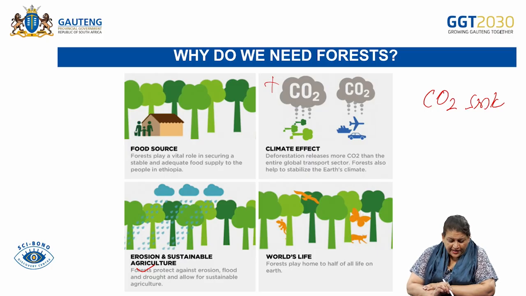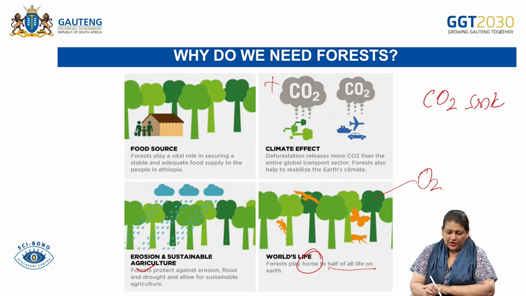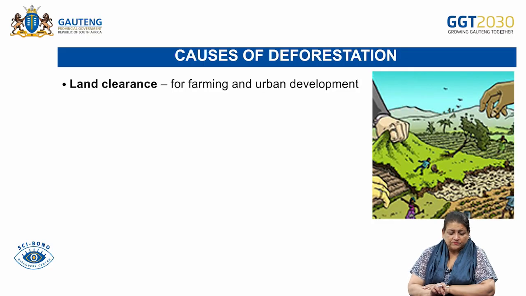So forests are home to half of all the life. In fact, all life on earth depends on our forests because they give us food and shelter, right? And they give us the most important thing, and that is oxygen. So oxygen and food, which no living organism can stay without, and therefore they support life on earth.